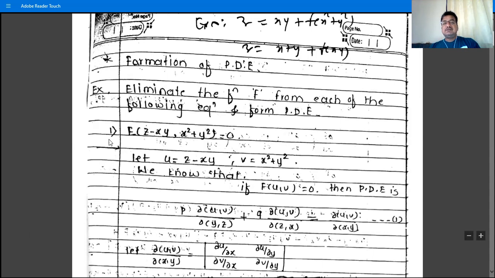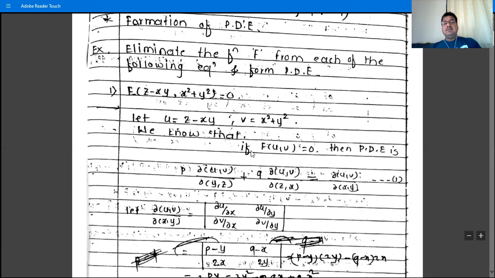The first example is f(z − xy, x² + y²) = 0. That is a differential equation of the form f(u, v) = 0. What is u? u is z − xy, and x² + y² is v.